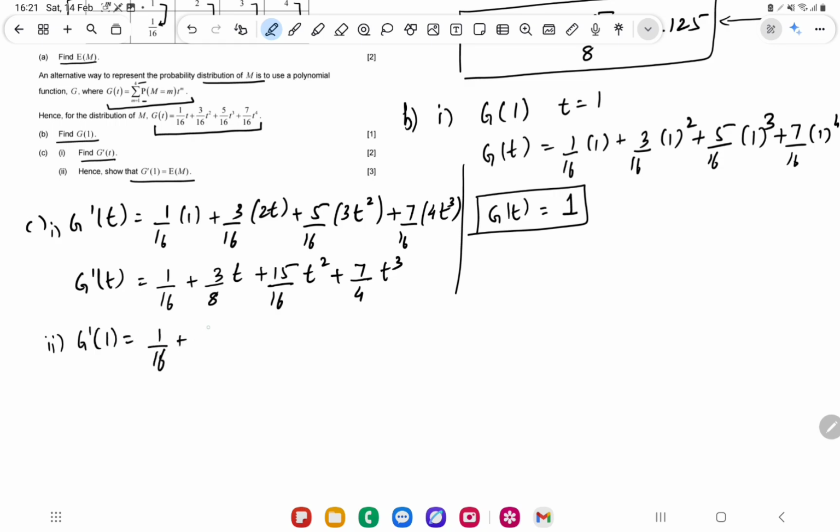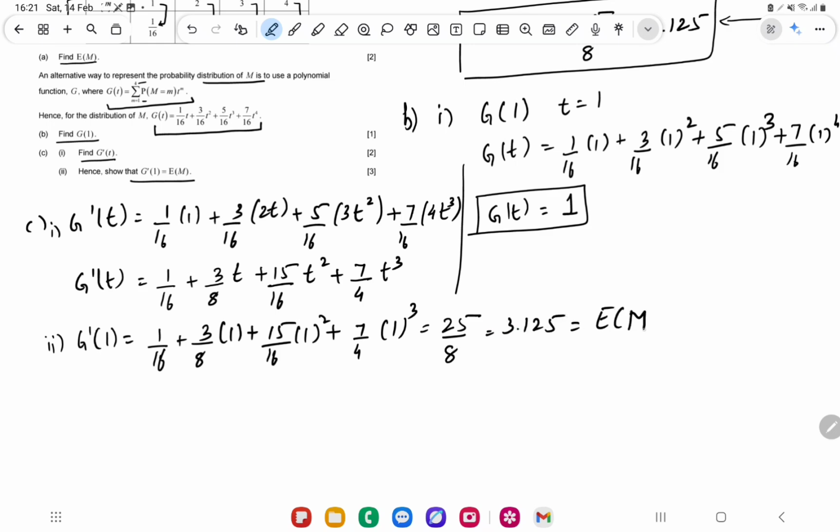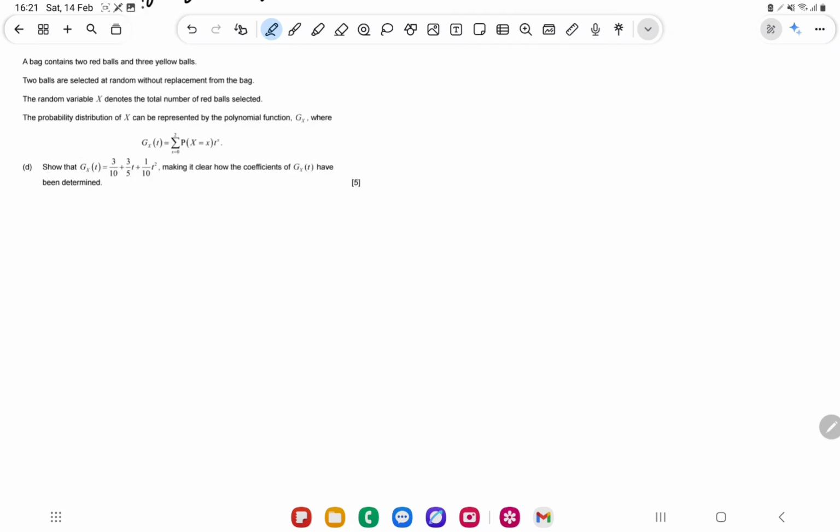So I will be getting 1 upon 16 plus 3 upon 8 into 1, plus 15 by 16 into 1 squared, plus 7 by 4 into 1 cubed. And when you solve using your GDC, you will be getting 25 by 8 or 3.125, which is nothing but your value of E(M).